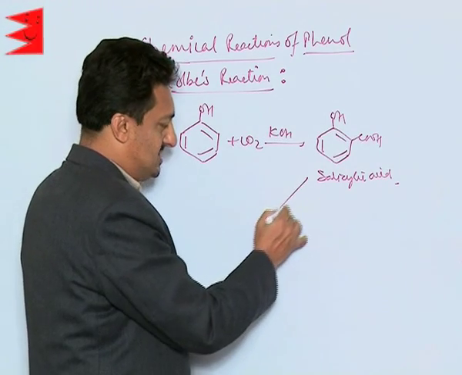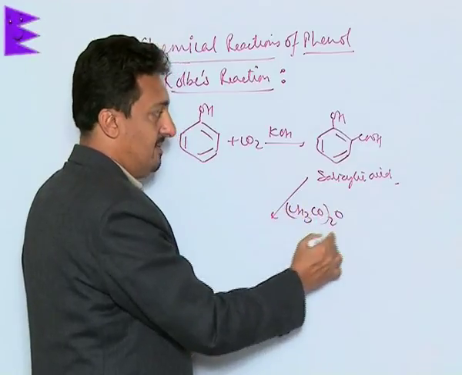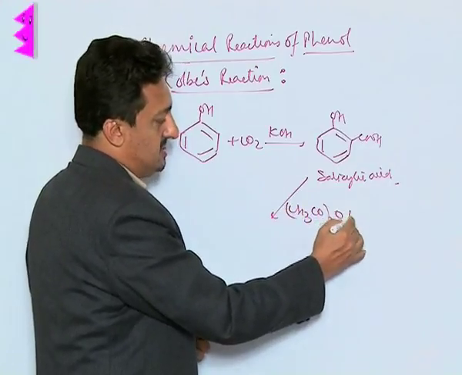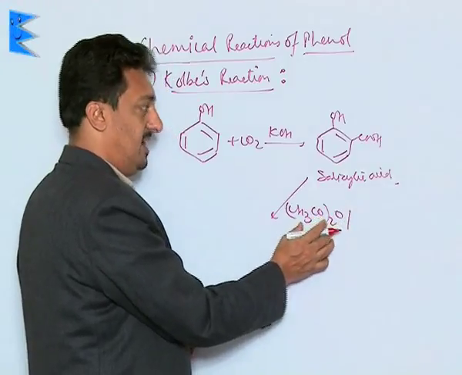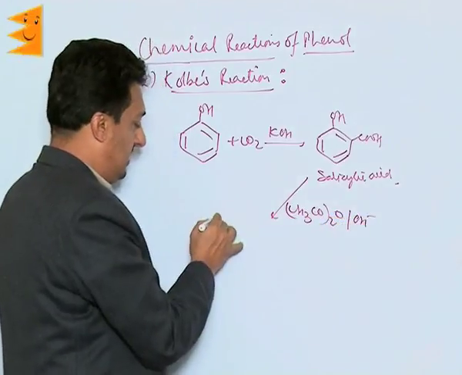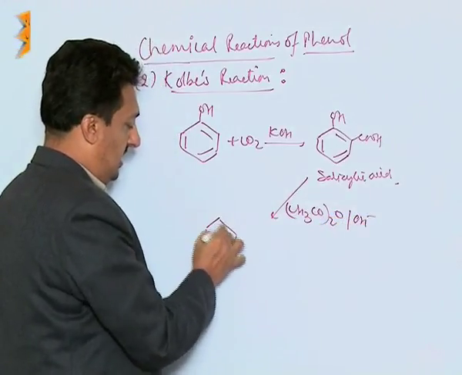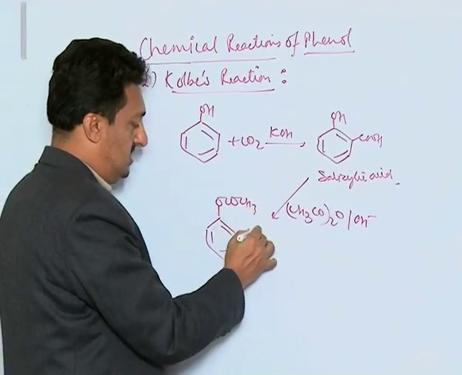This salicylic acid on reaction with acetic anhydride, because this is an acidic substance, it reacts with the OH group in basic medium, and can give us an ester at the OH group place. So we get OCOCH3 and COOH.